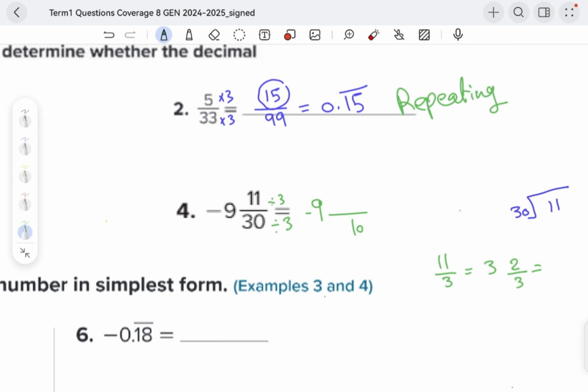So 11 out of 3 will give us 3.6 repeating. And we have division by 10, so we're going to move the decimal point one step to the left. So the answer in the decimal form will be negative 9.36 repeating. Again, you can use the long division if you don't want to use this method.